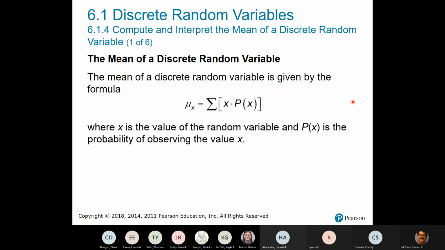So you're going to take the first column of the probability distribution and multiply by the second column and add them all up.